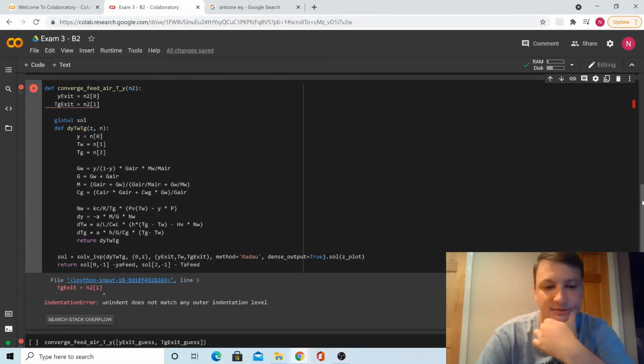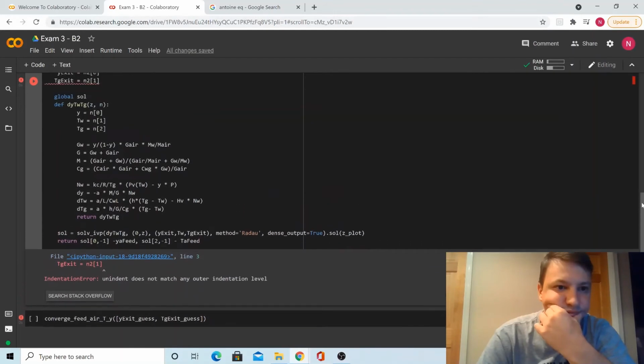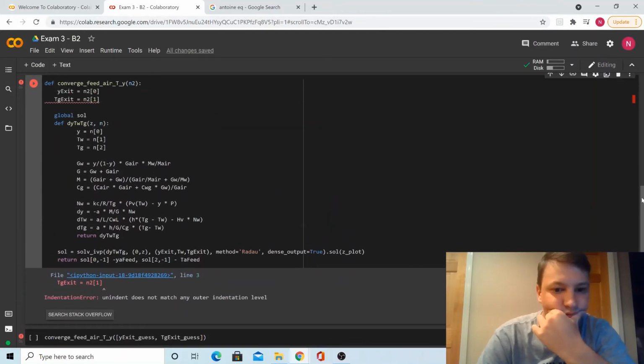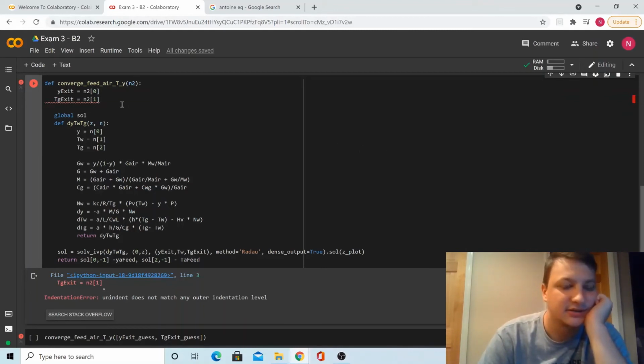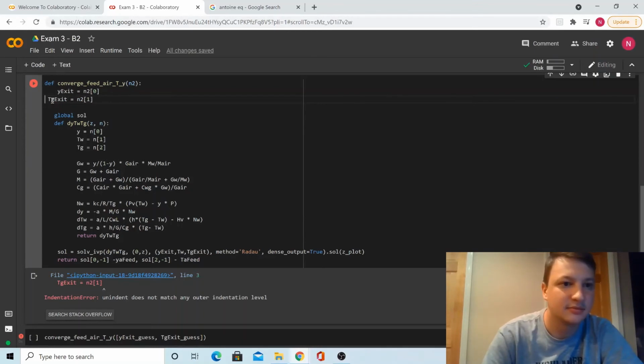See. Unindent does not match outer indentation. Oh, indented it wrong. Unindent.